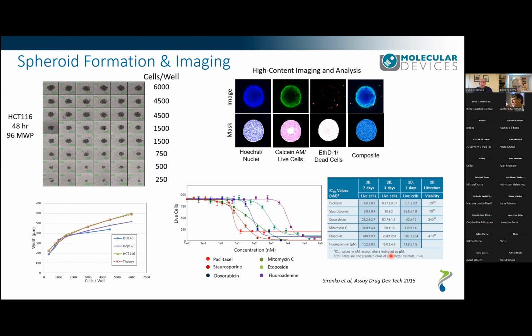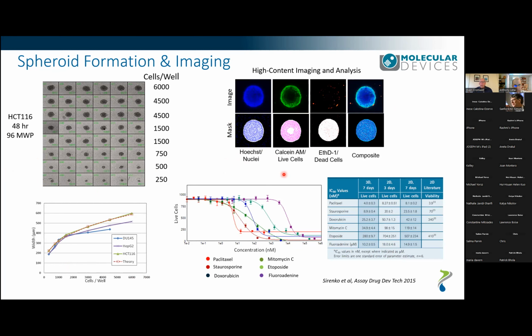One area that I've published on before is using spheroids, and these are immortalized cell lines. In this case, we're using HCT116 cells, and just show that you can create different size spheroids and then use those in high content imaging. On the top here, we show an example of imaging a spheroid with 3 different stains. First is the nuclear stain.